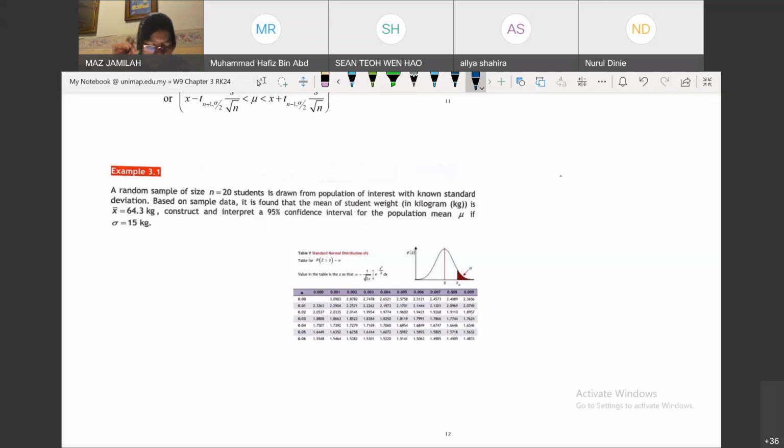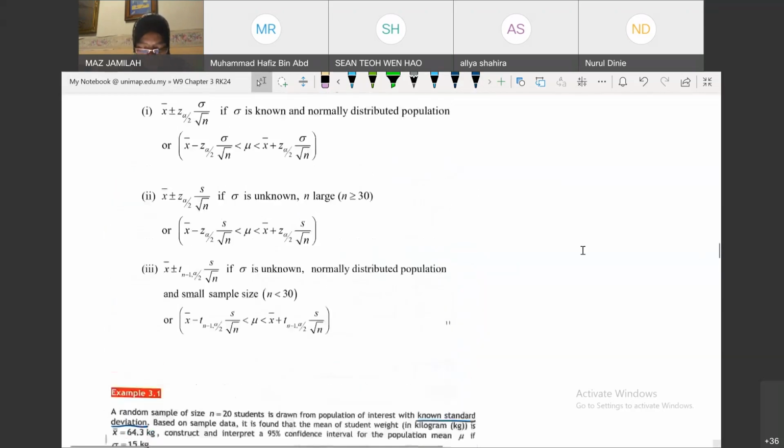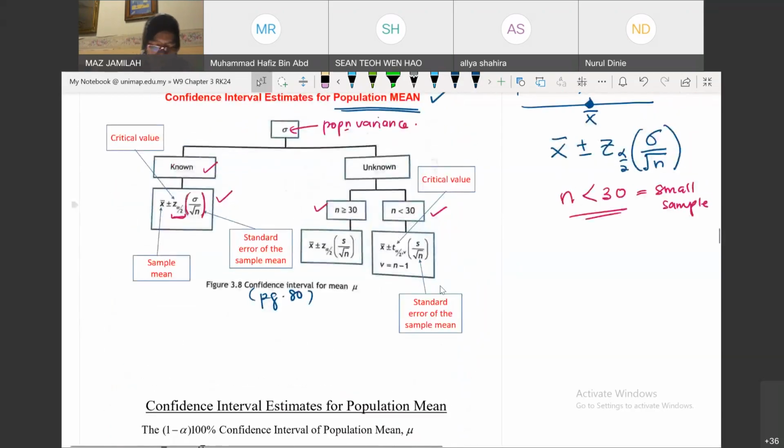The first sentence tells us n is equal to 20. It's drawn from a population with known standard deviation, so it should come to your mind that sigma is known. If sigma is known, then I need to use this particular formula.